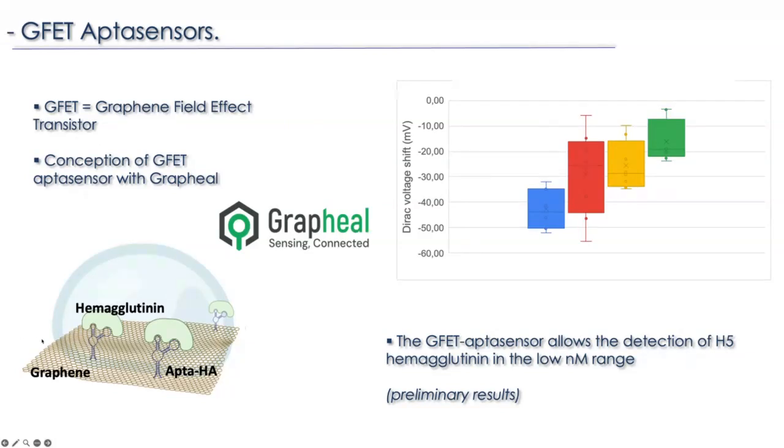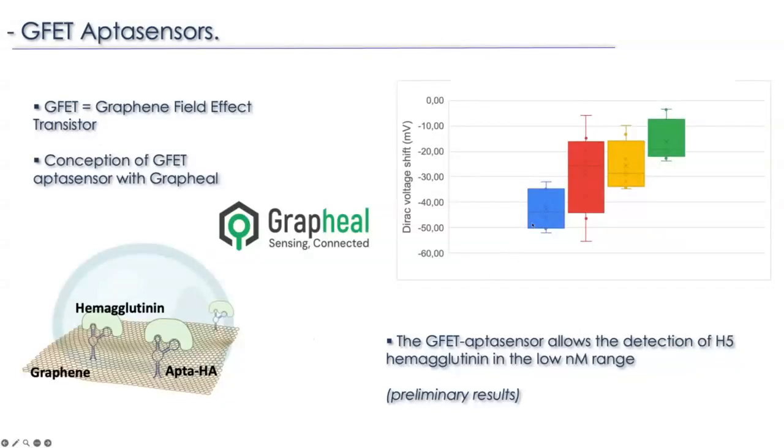This graphene film conducts electricity, and the signal depends on what is associated to the film. We have a basal level when the film is functionalized with the aptamer alone, and upon interaction with hemagglutinin, we have a modification of the electric signal.